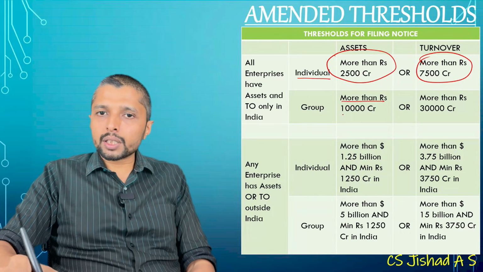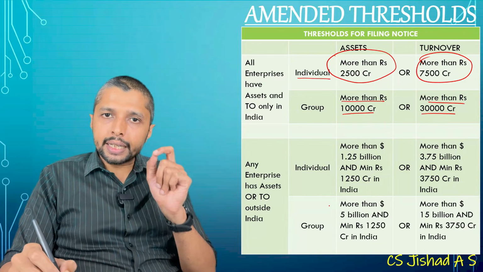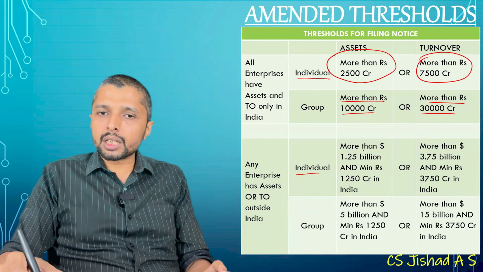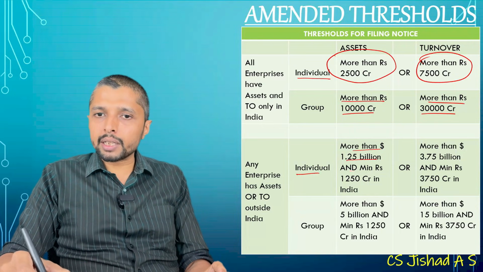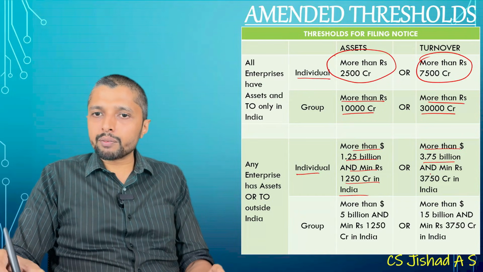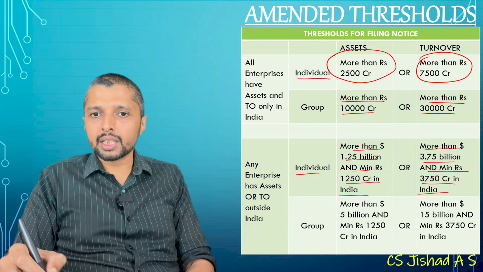If it is a group, more than 10,000 crore or more than 30,000 crore. If any enterprise has assets or turnover outside India, in the case of an individual, it will be more than 1.25 billion and minimum 1,250 crore in India, or more than 3.75 billion and minimum 3,750 crore in India.